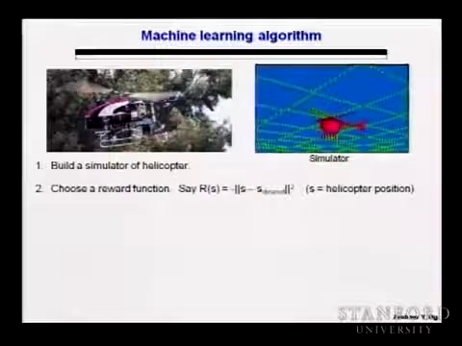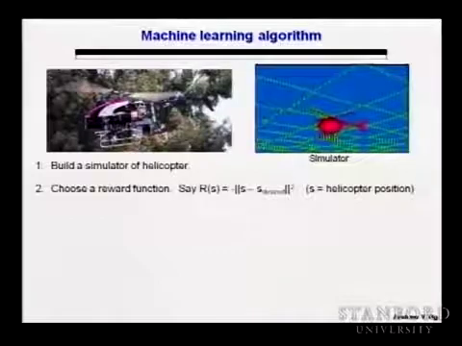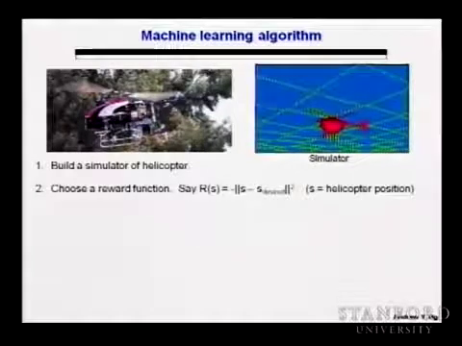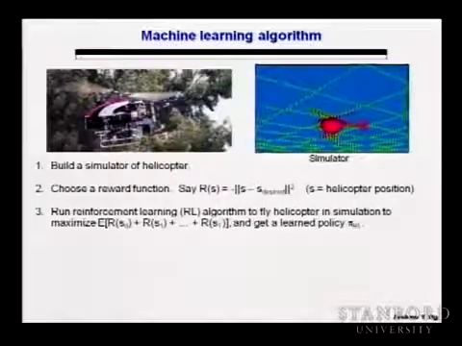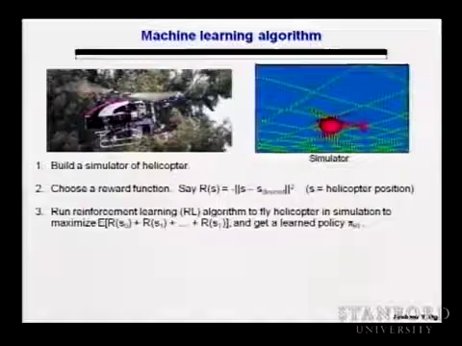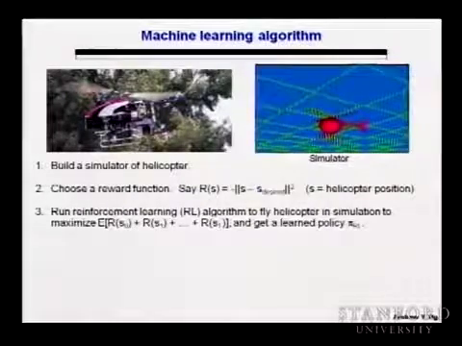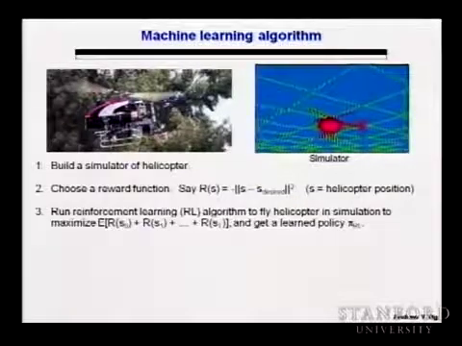That would be one simple example of a reward function. This sort of quadratic reward function is what we've been using in the last lecture in LQR, linear quadratic regulation control. And finally, you might run a reinforcement learning algorithm in simulation, meaning that you use your model of the dynamics to try to maximize that finite horizon sum of rewards.